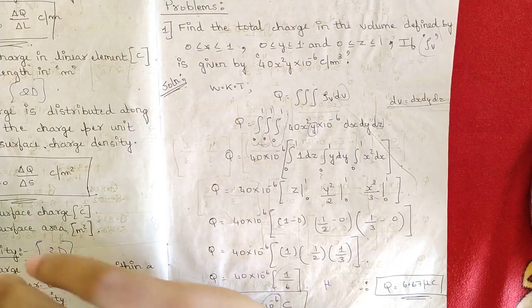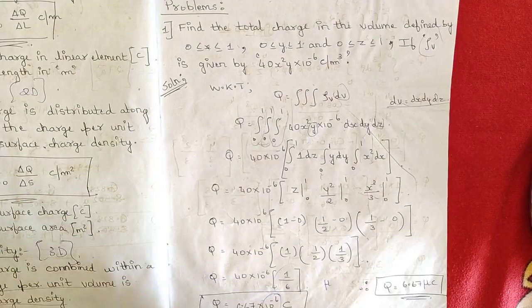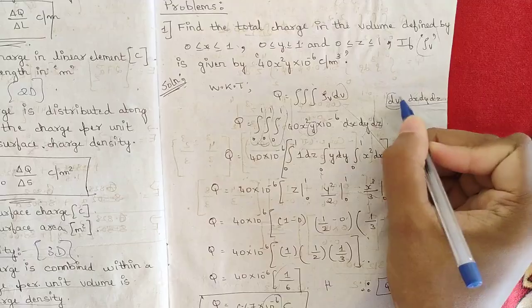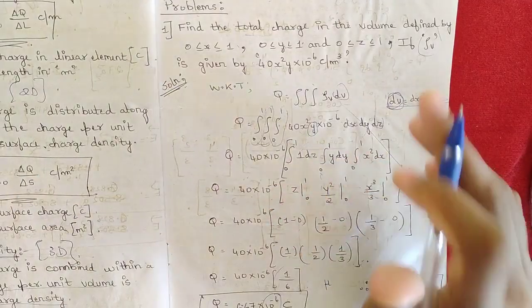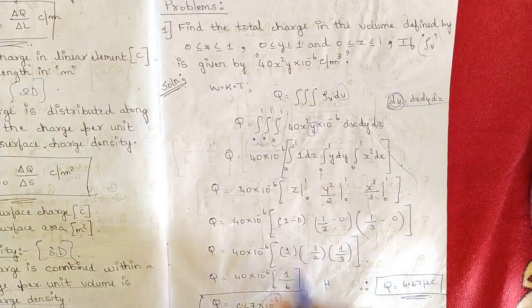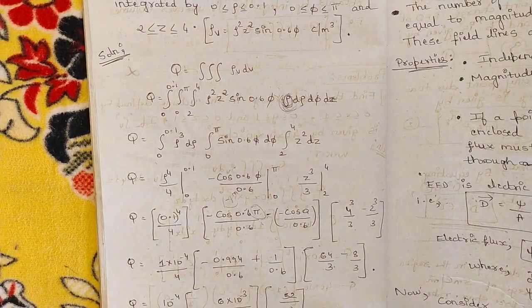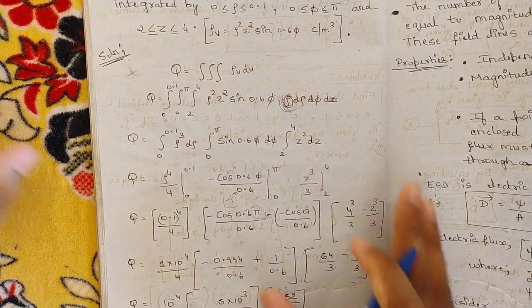What those rectangular, cylindrical and spherical coordinates are, we are going to see in the upcoming modules, where we have a certain set of values for the volume element dv which varies for these 3 coordinates. So we have one more problem here, the second problem, where we are going to see it in terms of cylindrical coordinates.